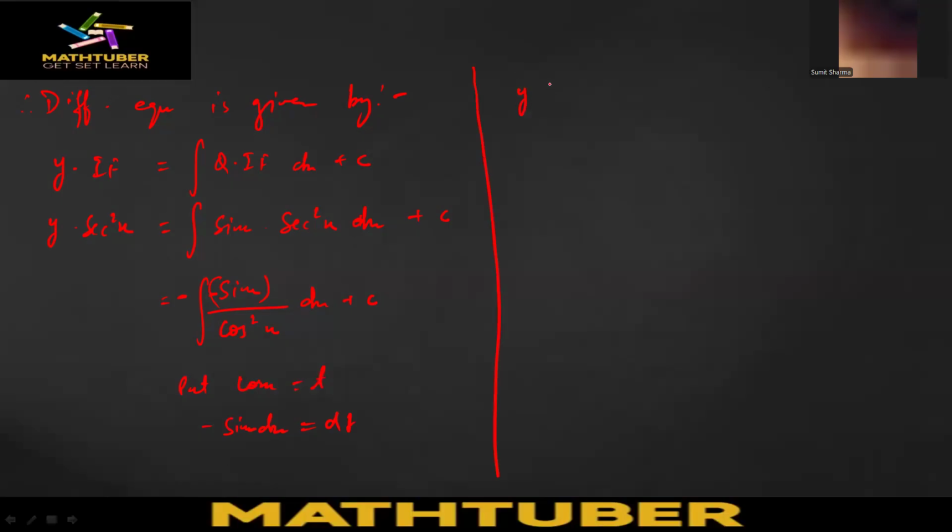So here you will get y sec square x is equal to minus integral of dt upon t square plus c, which is 1 upon t plus c, and the value of t is cos x, so 1 upon cos x plus c, which is sec x plus c. So y sec square x equal to sec x plus c.